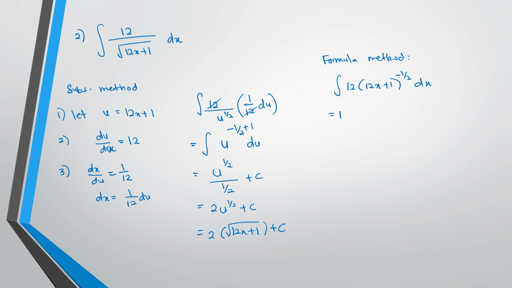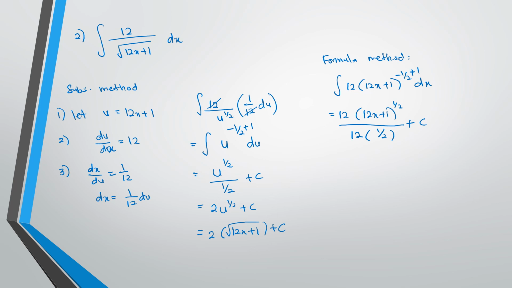So 12 in bracket, okay, dalam bracket tak berubah apa-apa. So (12x plus 1), power increase by 1, so dapat power of 1 over 2. Okay, divide by differentiate dalam bracket, which is kita dapat 12. Multiply by the new power. Okay, and then plus c.